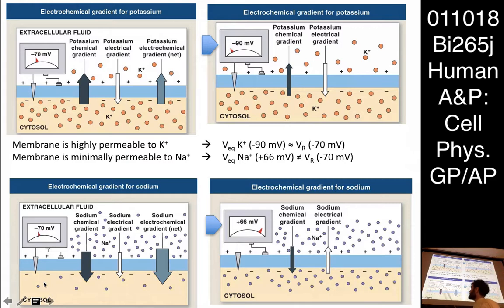Now, let's consider sodium. The sodium chemical gradient is inside, wants it to head inside, inward, influx. And that's because of what? What's making it such that there's a net drive towards influx of sodium? Say it.